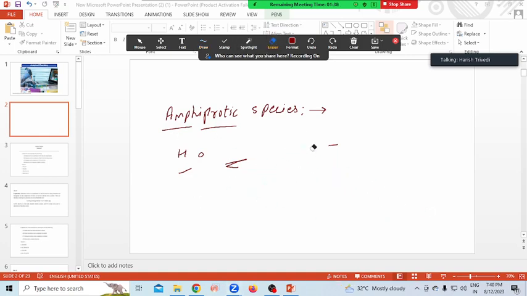Suppose this is H2PO4 minus plus H3O plus, similarly H2PO4 minus plus OH minus ion.